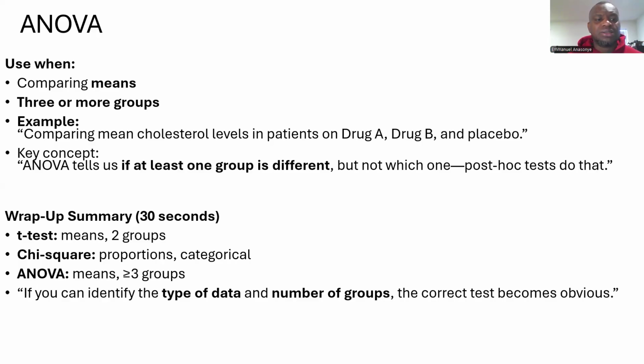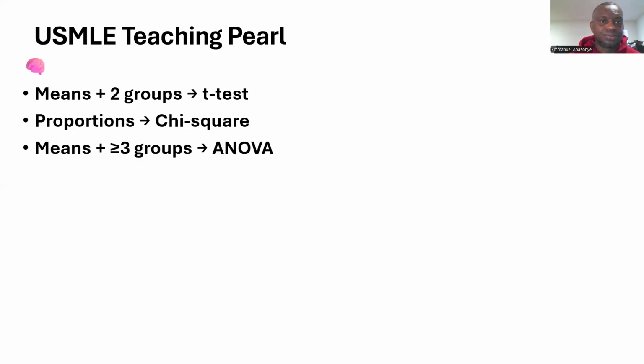Also, if you know whether it's three or more groups, that will help you know the type of hypothesis testing they're talking about. So: paired means, plus two groups, t-test; proportion, chi-square; means plus three groups, ANOVA.